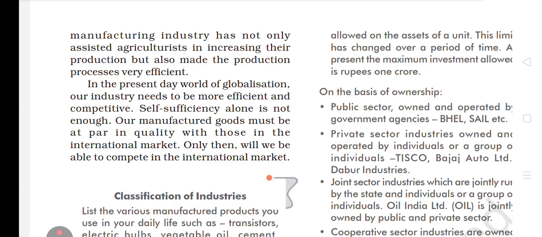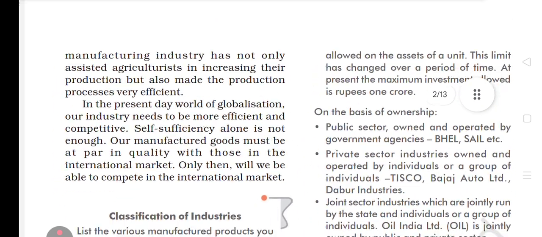Because in the globalization chapter what you have read, when globalization happens, the competitiveness between the markets of different countries increases. So when this competitiveness increases, we will be able to compete only if we have high quality products, and that is necessary if we want to compete with the international market. Now see next what is given to us.